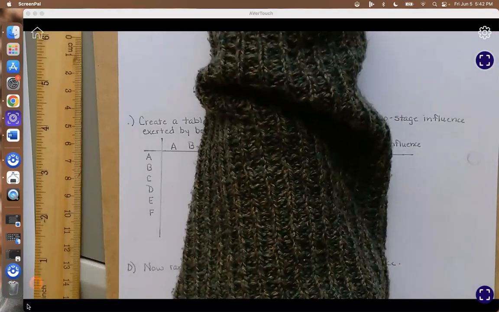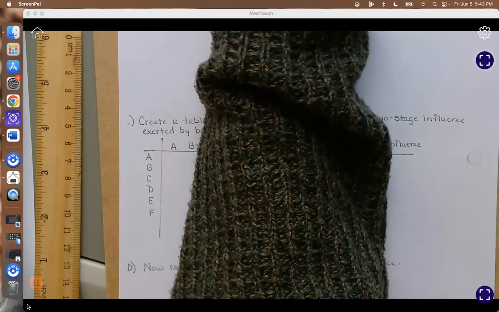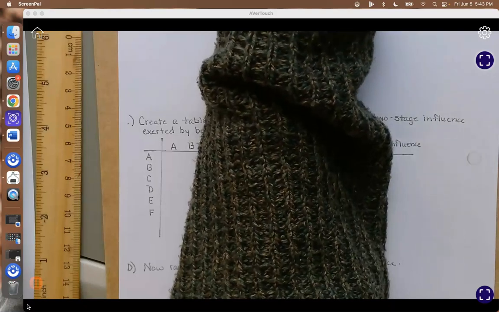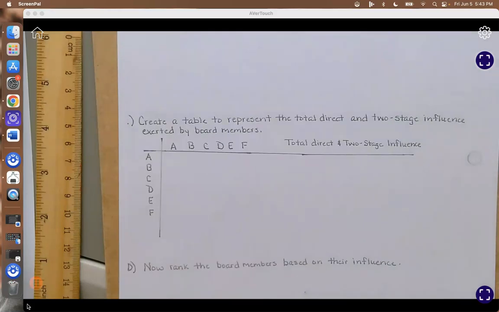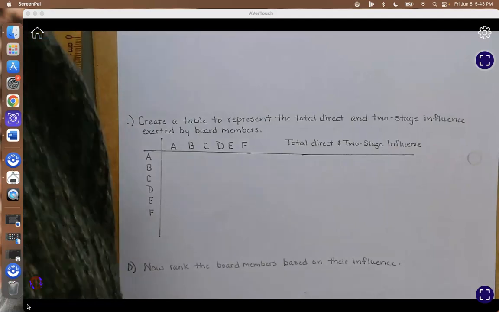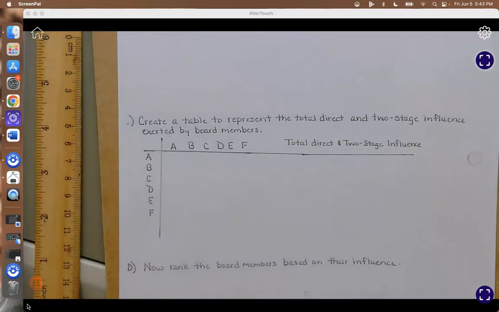So it's two-stage, that means it can only be 2 lines long. How many ways can Alvarez influence Ellis, directly or indirectly, in 2 stages?